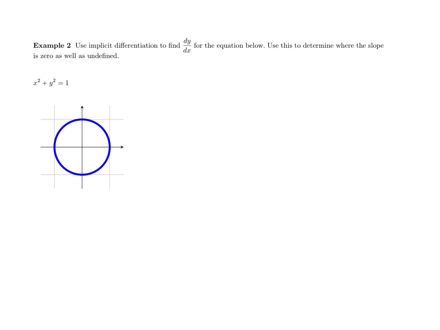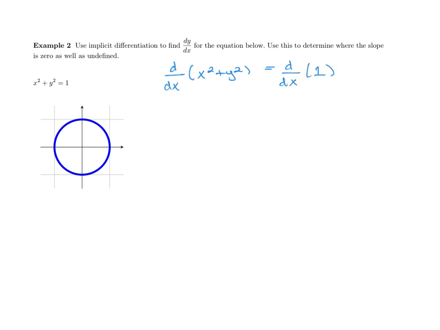All right, so let's go back to that first example. I want to find the derivative of this equation, which gives you the unit circle. I want to use implicit differentiation to find dy dx. The idea is we're going to take the derivative of both sides of this equation. If x squared plus y squared is equal to 1, it must be true that the derivative of x squared plus y squared is equal to the derivative of 1.